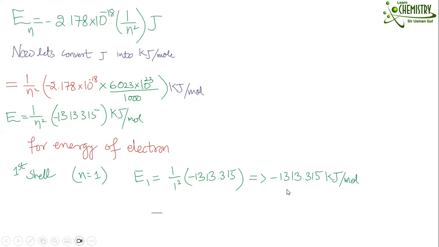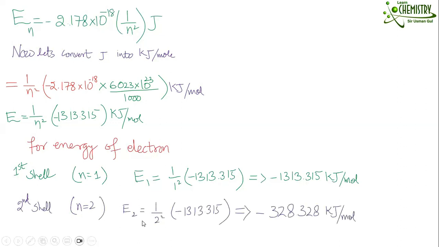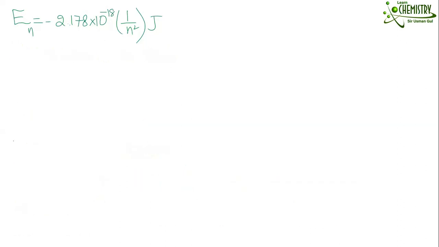So the energy of the first shell electron will be minus 1313.315. Similarly, if you want to calculate the energy of the second shell electron, you put n equal to 2. E2 will equal 1 upon 2 square; basically in place of n we put 2. After the calculation in the similar way we get minus 328.328 kilojoule per mole.